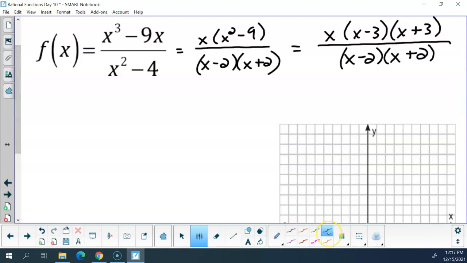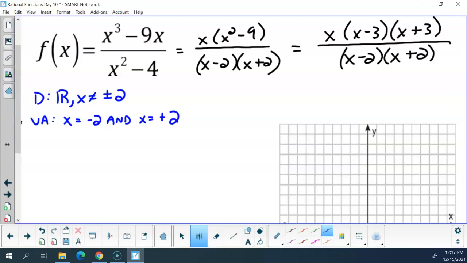Okay, here we go. So the domain then would be all real numbers. x cannot equal plus or minus 2. Vertical asymptotes then would be x equals negative 2 and x equals positive 2. I don't know why I wrote the positive in there, but I did.